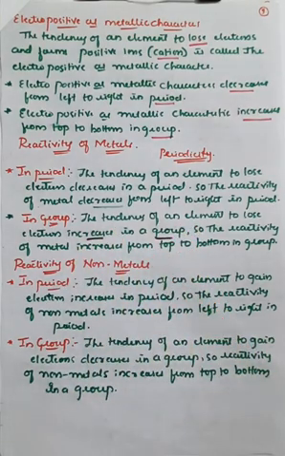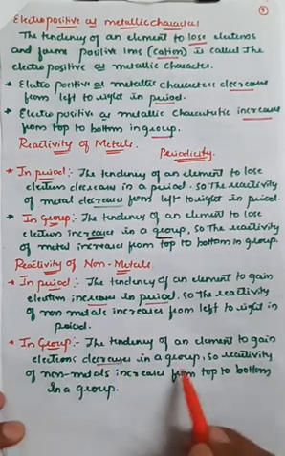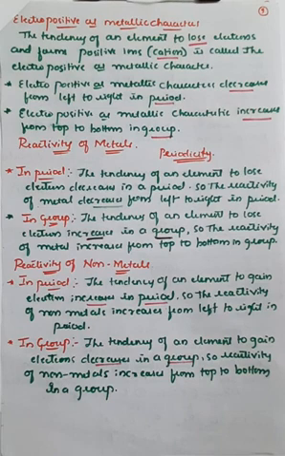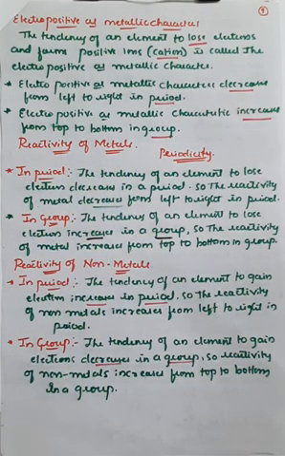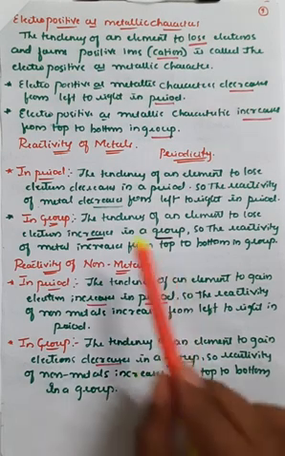And similarly, the reactivity of non-metals is opposite to that. It increases in periods and decreases in groups, because metals and non-metals have opposite characteristics. In case of reactivity of metals, the value decreases in periods and increases in groups.